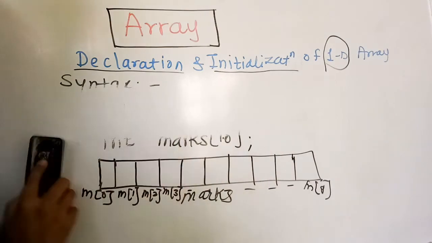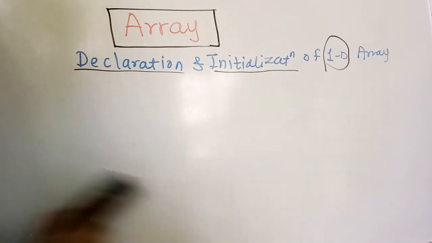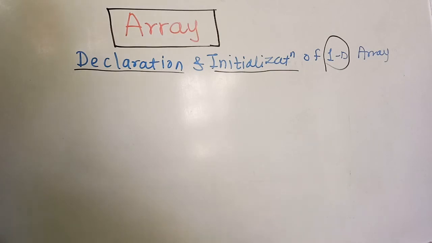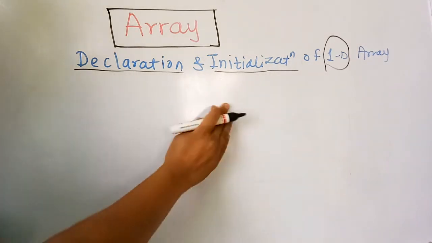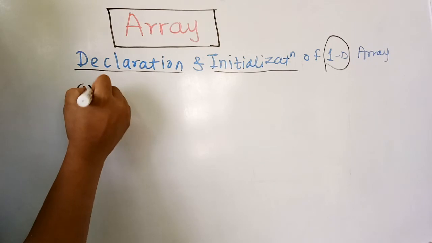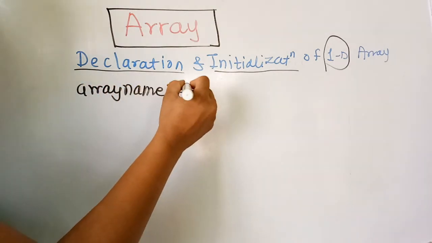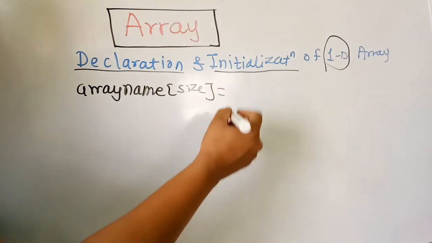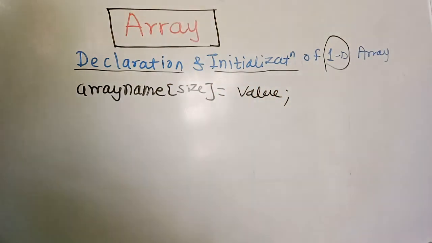Now we will see how to initialize the members of the array. There is a syntax available for it: you have to specify your array name, then the size of the array, and you have to specify the value against the equal to sign.